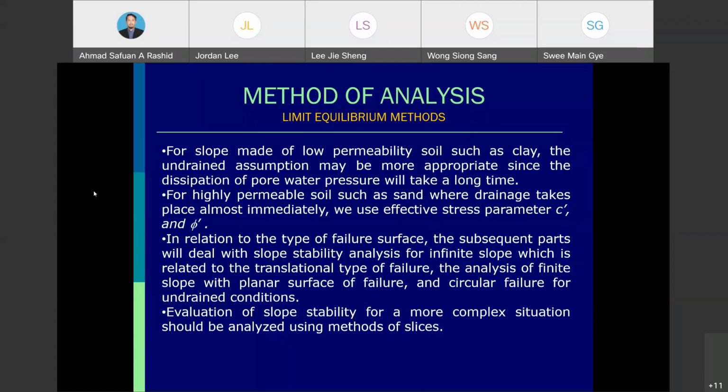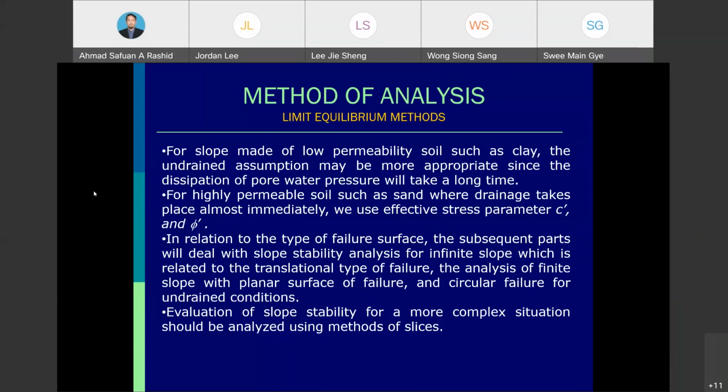So the first and the second points are more related to the type of material, so it depends on the permeability of the material itself. For example, for clay, the process of dissipation of pore water pressure will take a long time, so that's why they use the undrained assumption.